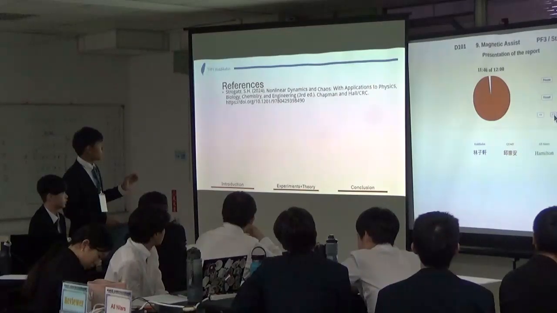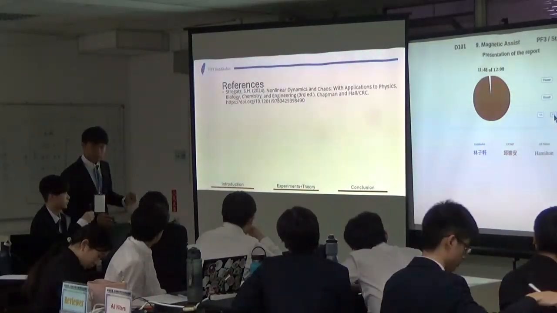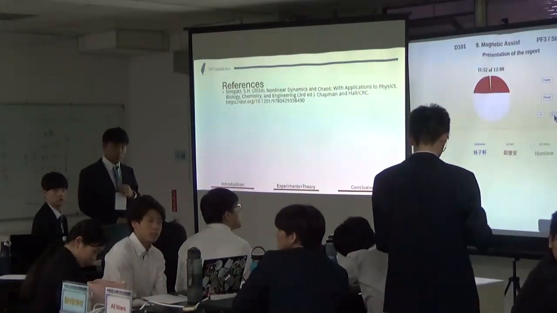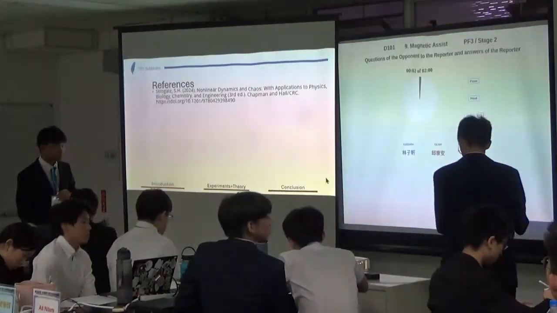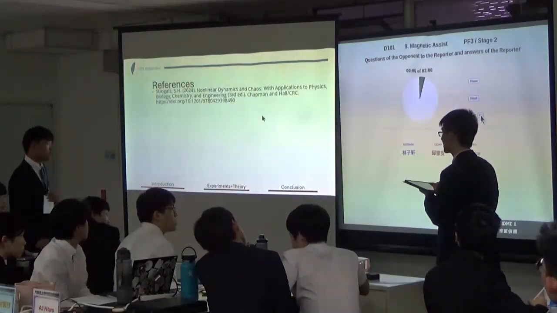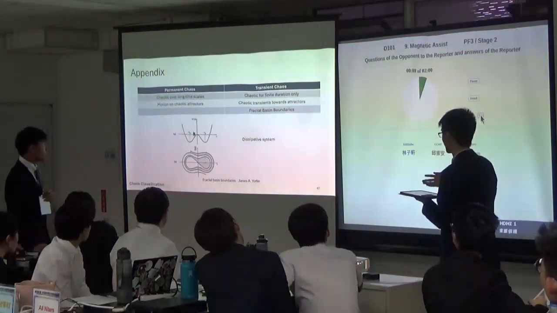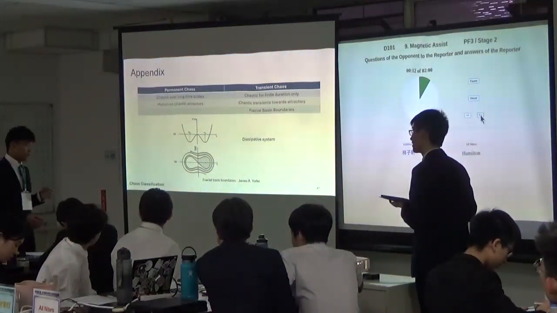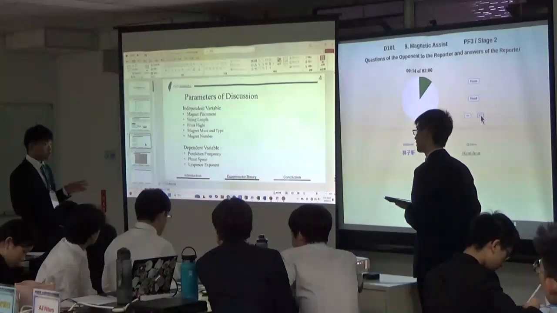Okay, so this is the question for the opponent. You mentioned a lot about the Lyapunov exponent concept. The Lyapunov exponent is used to clarify whether the motion is chaotic or not.